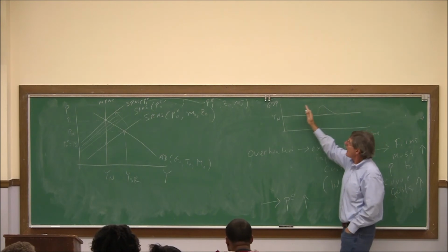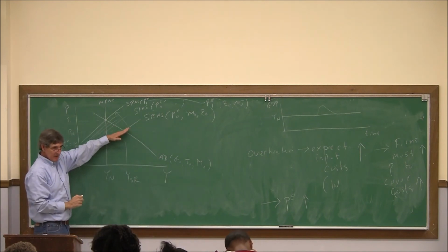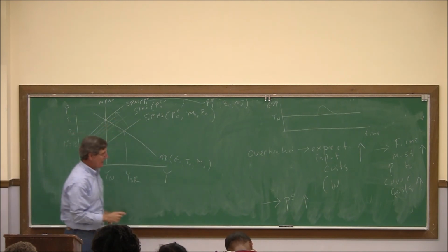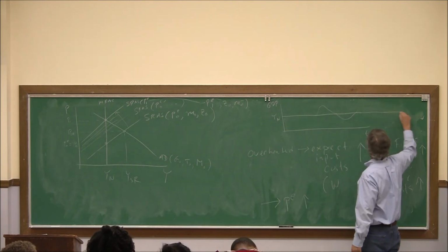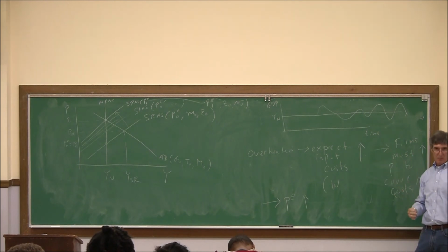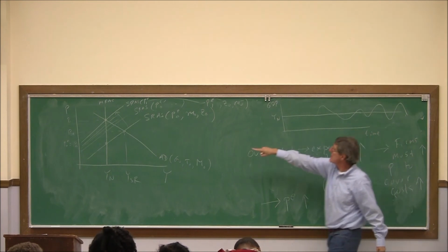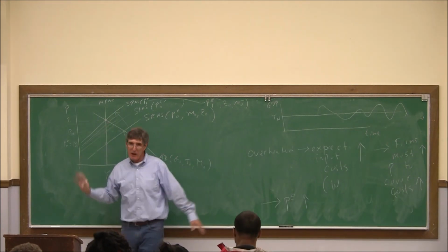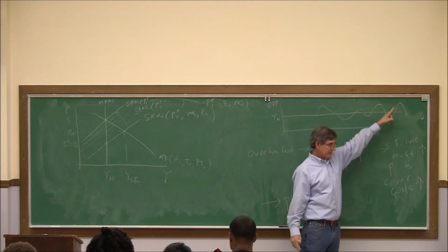And so you can see a spike up as you move out to this point, and then it would slowly move back down. So what you see in the data are all these waves of the economy sort of waving around the natural rate. This is an example of how you return from above.